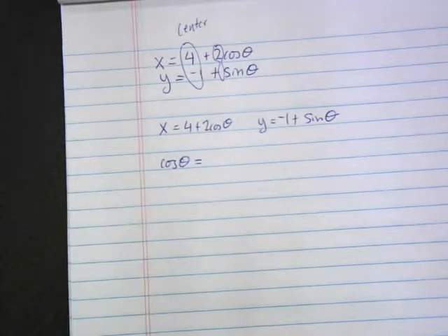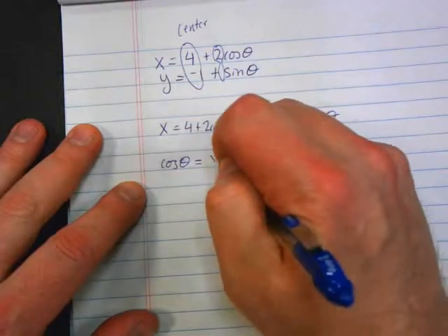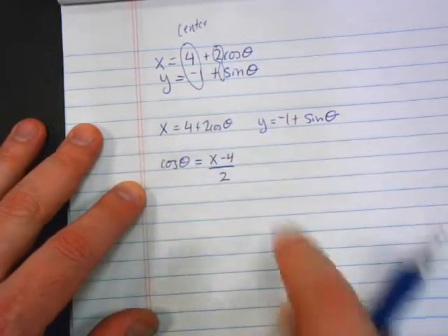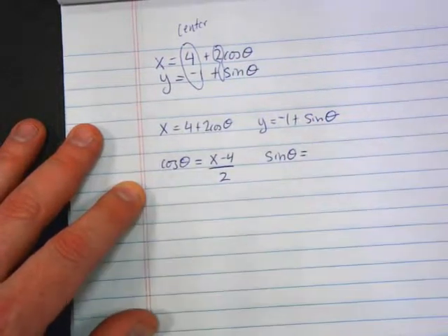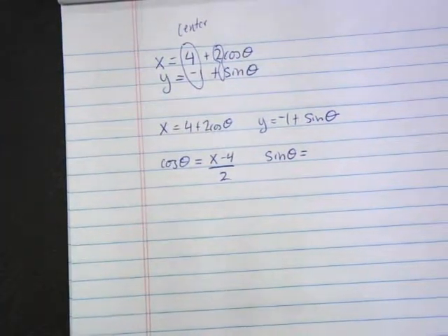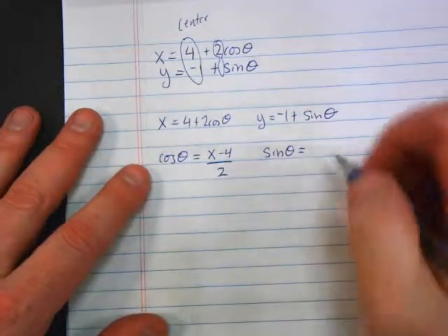If I get cosine all alone, what do I have? X minus 4 all over 2. And I'm going to take this equation, and I'm going to get sine theta all by itself. Sine theta is y plus 1.